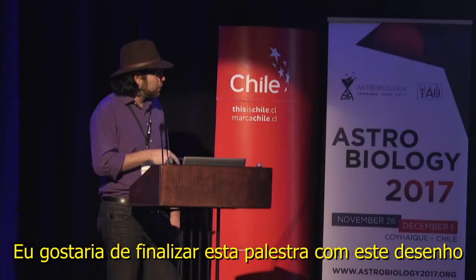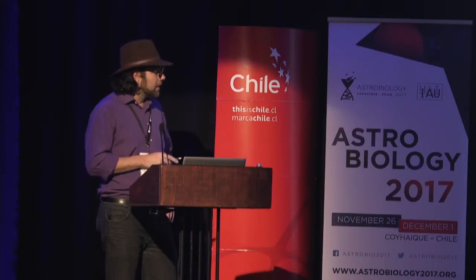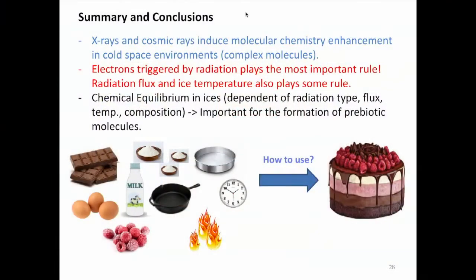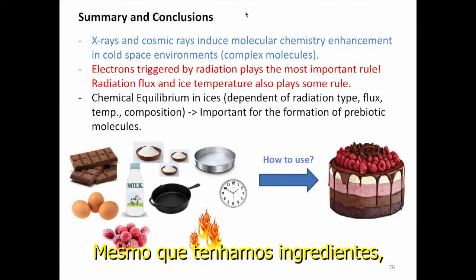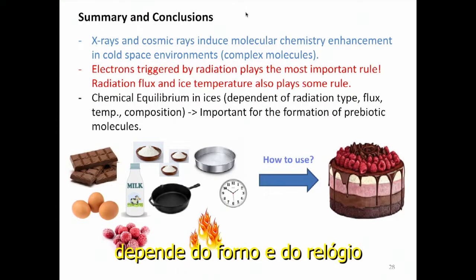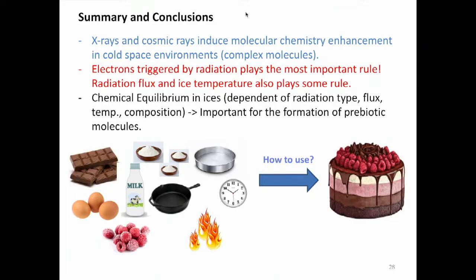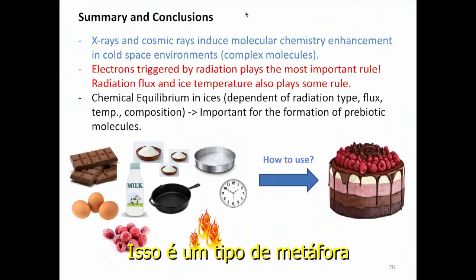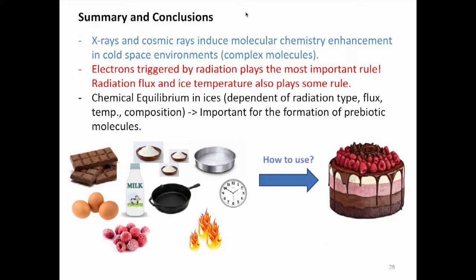I would like to finish this talk with this cartoon: even if we have the ingredients, the pan, the oven, and the clock to make a cake, this is a kind of metaphor.